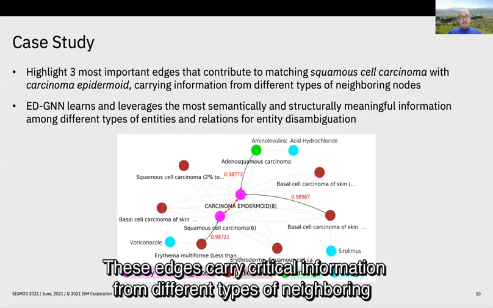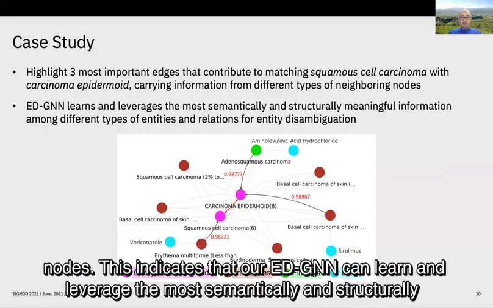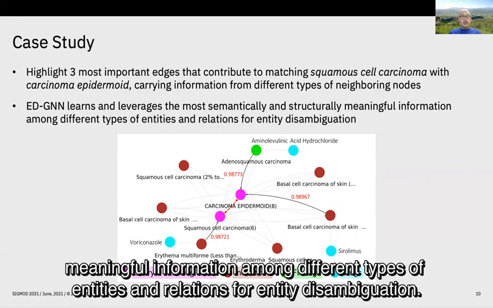These edges carry critical information from different types of neighboring nodes. This indicates that our EDGN can learn and leverage the most semantically and structurally meaningful information among different types of entities and relations for entity disambiguation.